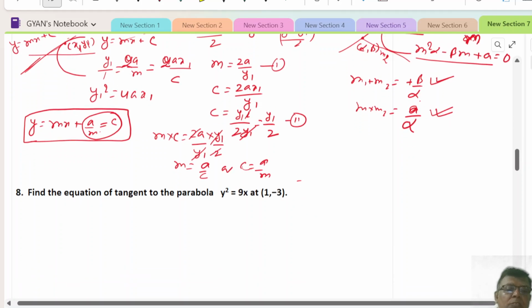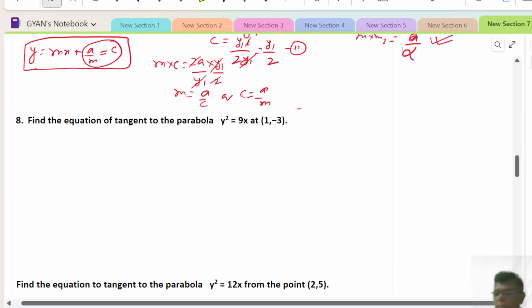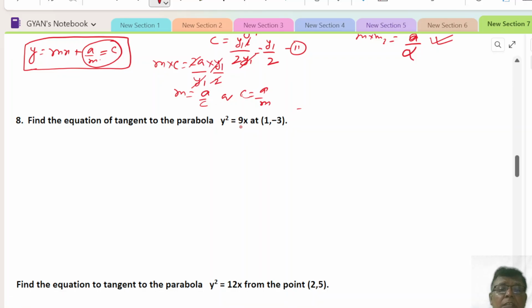So first, let us solve the first problem. y square is equal to 9x, and the point is minus 3, 1. Whether it is lying on the parabola or outside, first we'll have to check. So put minus 3 here: minus 3 square is equal to 9 into 1. So 9 is equal to 9. That means it is satisfying. So y y1 is equal to 9 into (x plus x1) by 2.